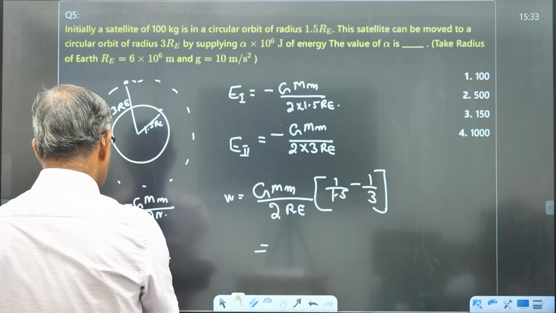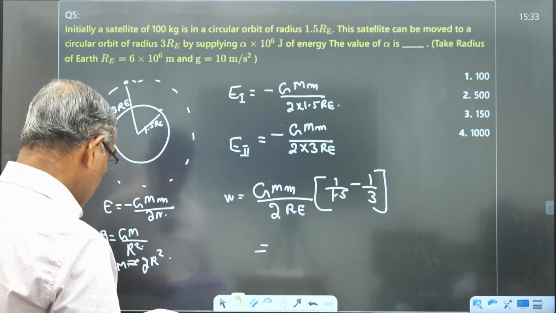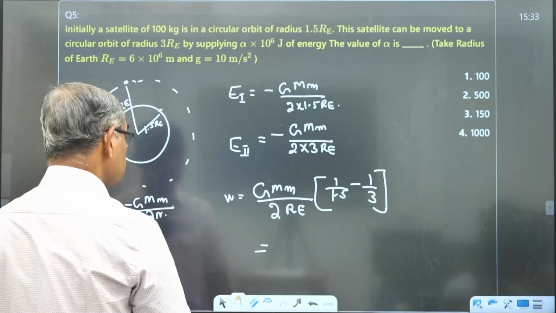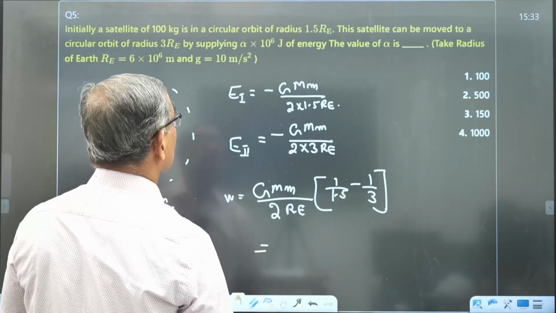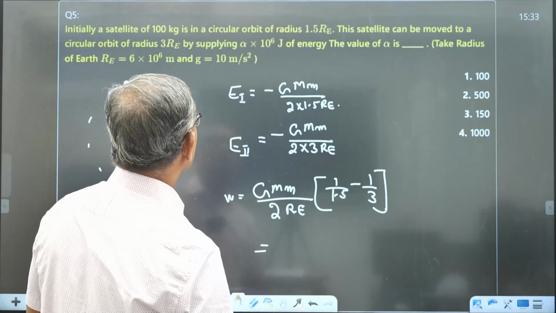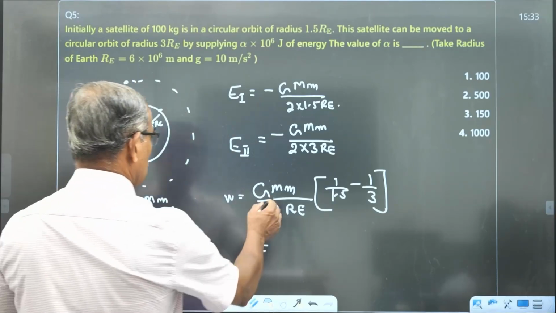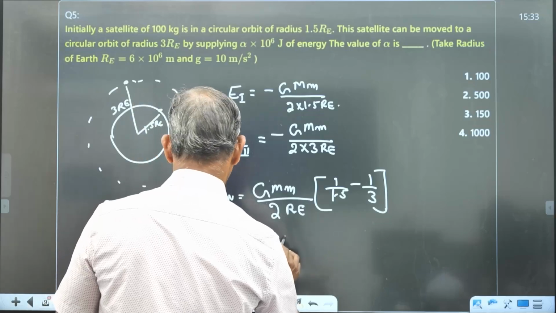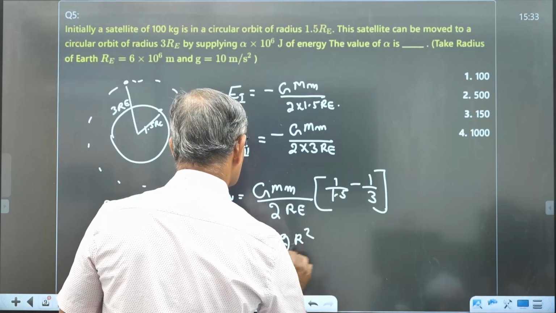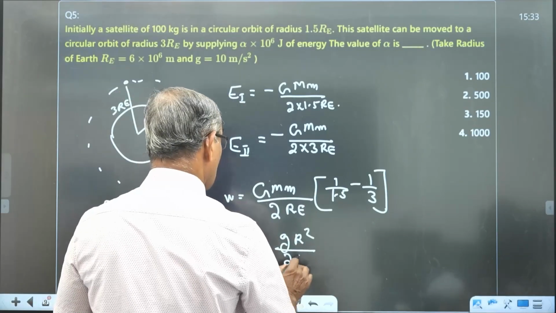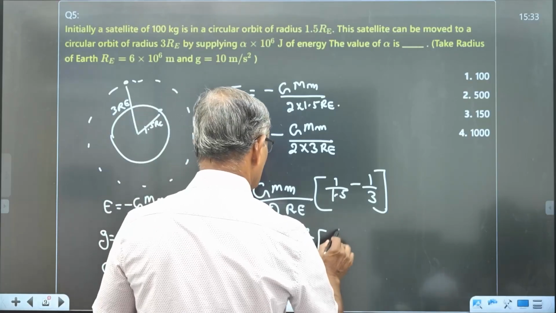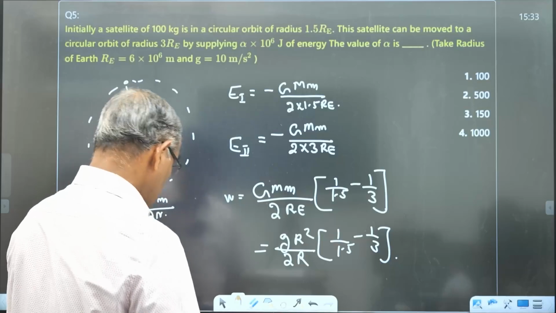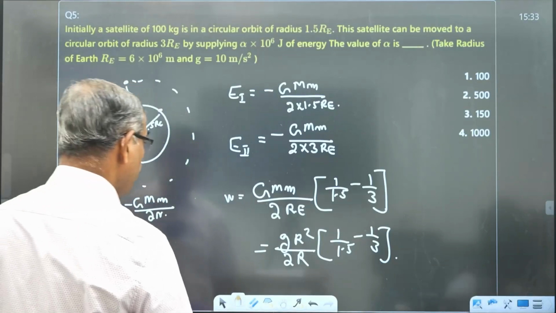Now that can be replaced, and here you can see the value of G M is given by small g R squared. The work done is g R squared by 2R into (1 by 1.5 minus 1 by 3) into m.